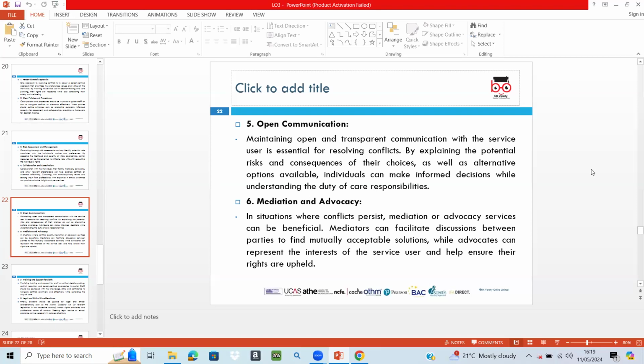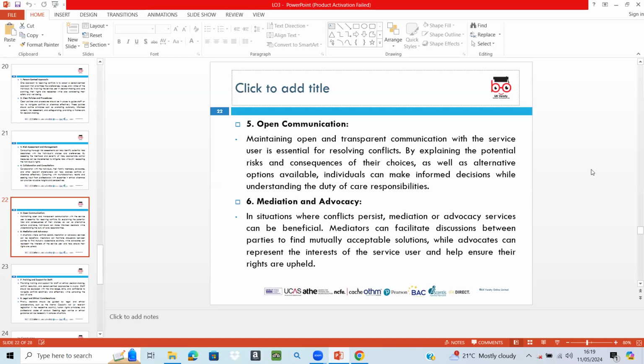In mediation and advocacy, mediators can facilitate constructive dialogues between the parties involved, and we can try to find solutions that are mutually acceptable and respectful of the individual's autonomy. Advocates, on the other hand, can represent the voice and interest of the service user, ensuring their rights are upheld and respected through the decision-making process.